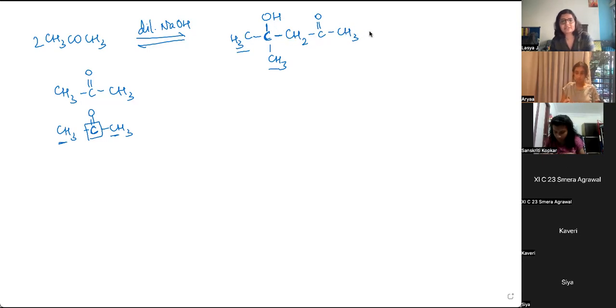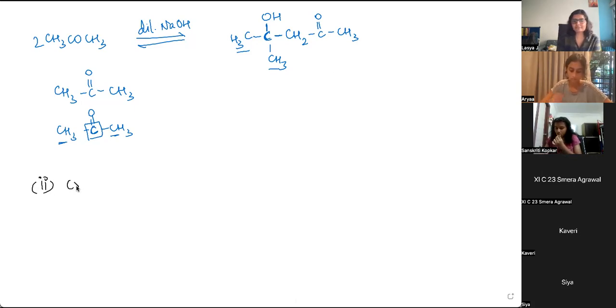Is it going to be the CH3 side or is it going to be this thing? In that case, you're going to get all the different permutations and combinations that are possible. So that's where you end up. So that is the next reaction, which is cross aldol condensation.